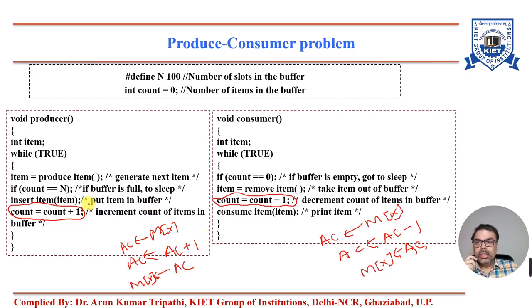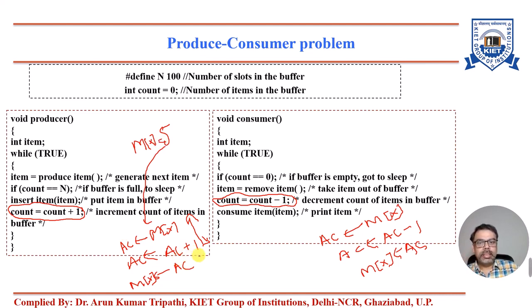As we have discussed, suppose count has the value 5, stored at memory location X, and it will be copied into the accumulator.